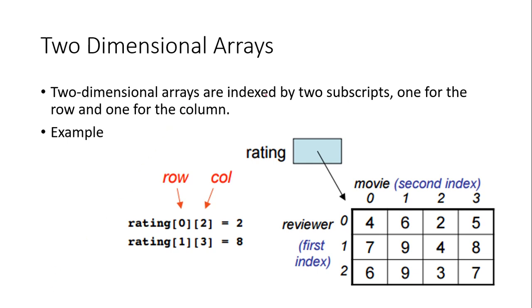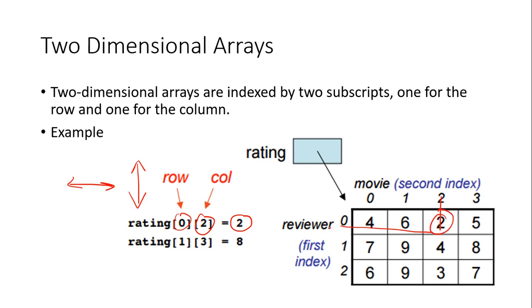So when I am calling an index, I'm calling a subscript. So rating[0][2] would be the row and the column of that particular two-dimensional array. In this case, it is a 2. Now remember, rows are your horizontal ones, columns are your vertical ones. Columns stand up and down on a house, that's how you can remember that. So row 0, column 2 would give me a value of 2.